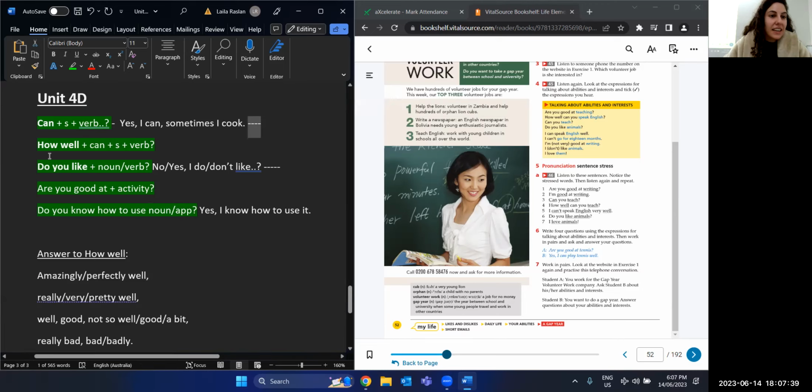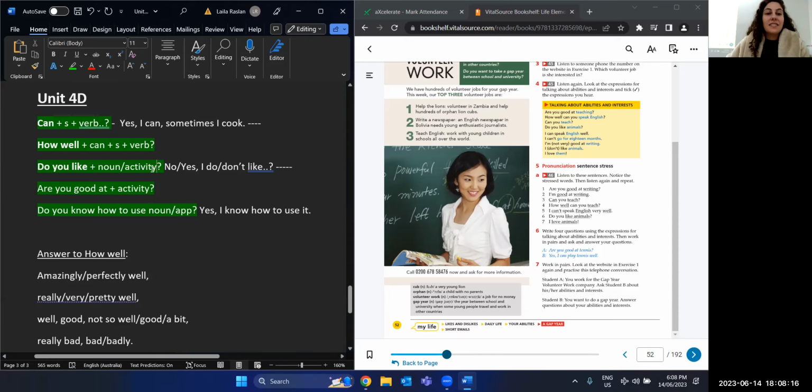So if you can see here, do you like, we say, do you like playing tennis? So remember, there must be an ing here. It's the activity. And remember, we talked about the activity. It must have the verb and then the noun. Playing what? Tennis.